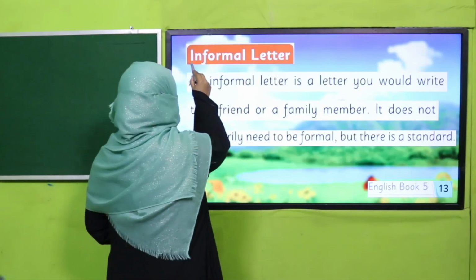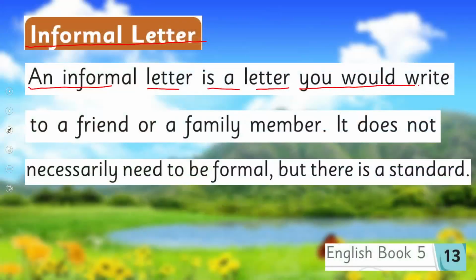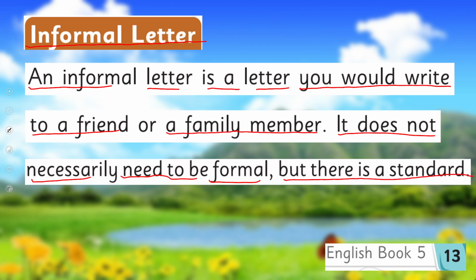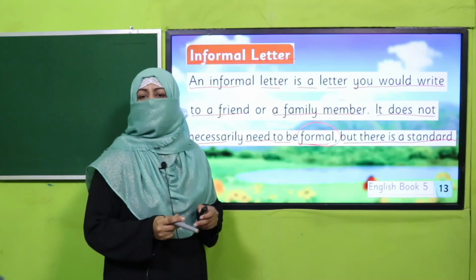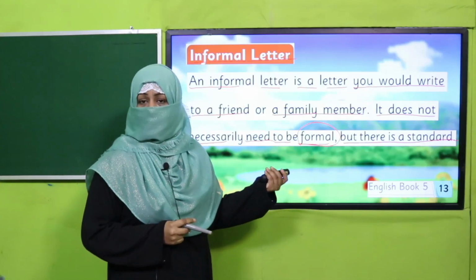And an informal letter, as we know, is a letter you would write to a friend or a family member. It does not necessarily need to be formal, but there is a standard for it. Okay? When we talk to people who are around us, our friends, we talk differently, but when we talk to someone professional, we talk differently.